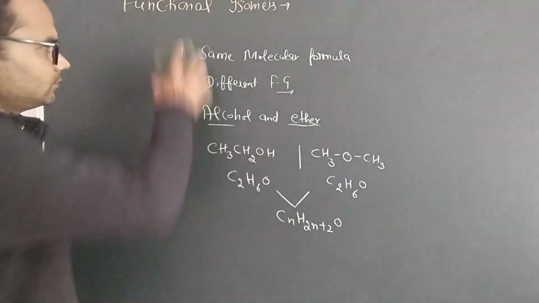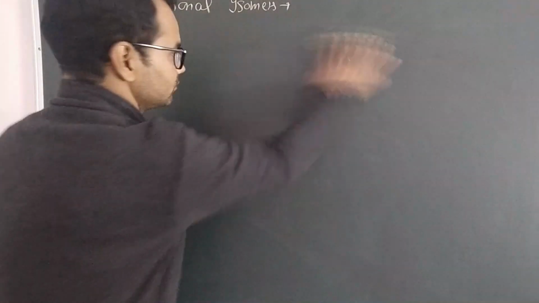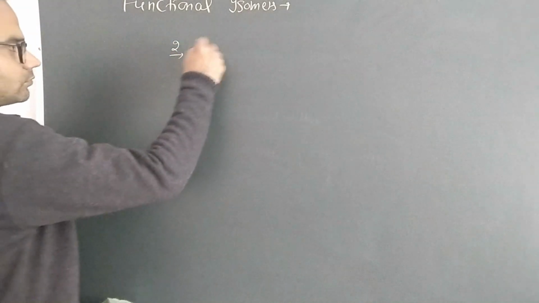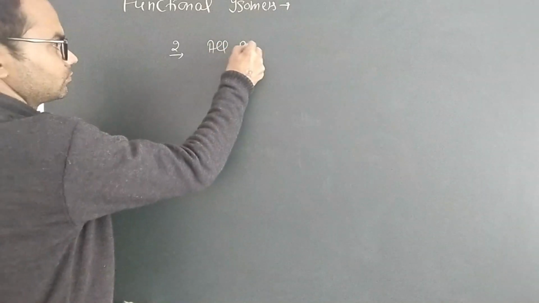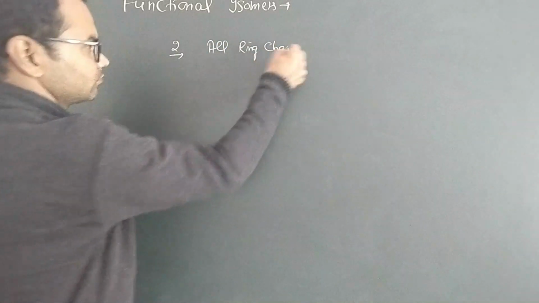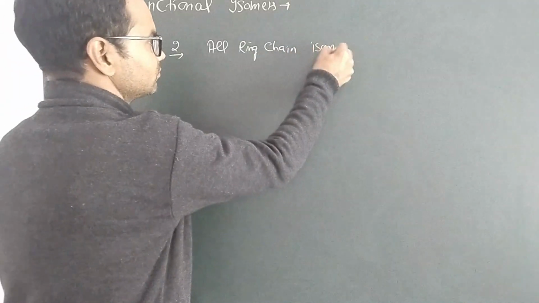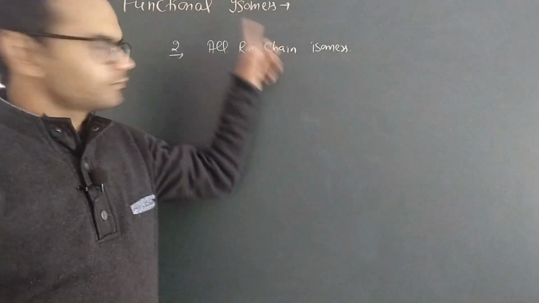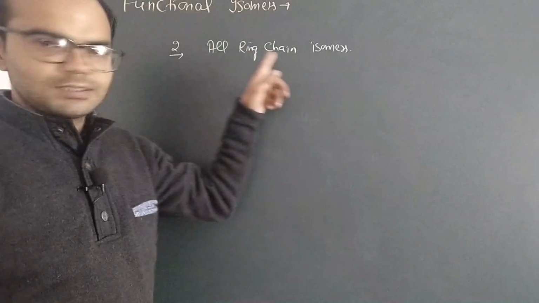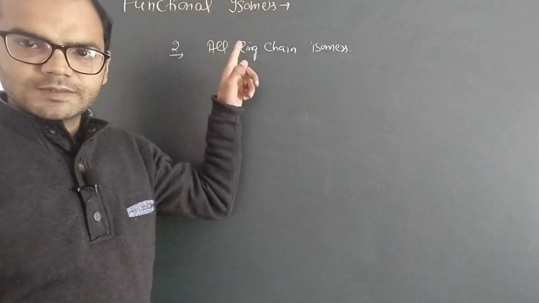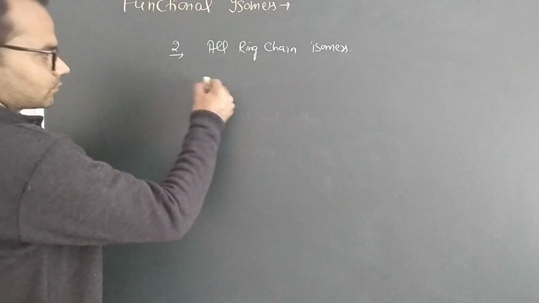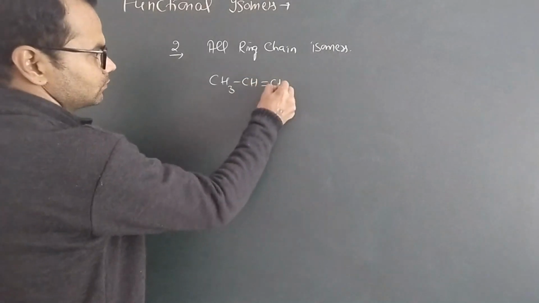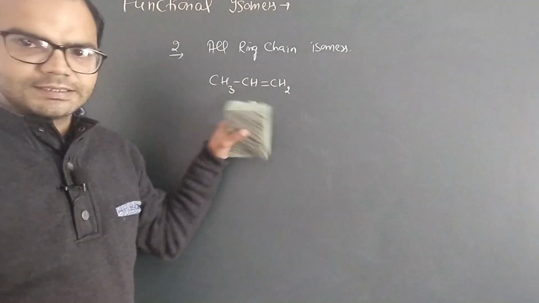Second important conclusion is all ring chain isomers are functional isomers. For example, again we have a three carbon alkene, that is propene.